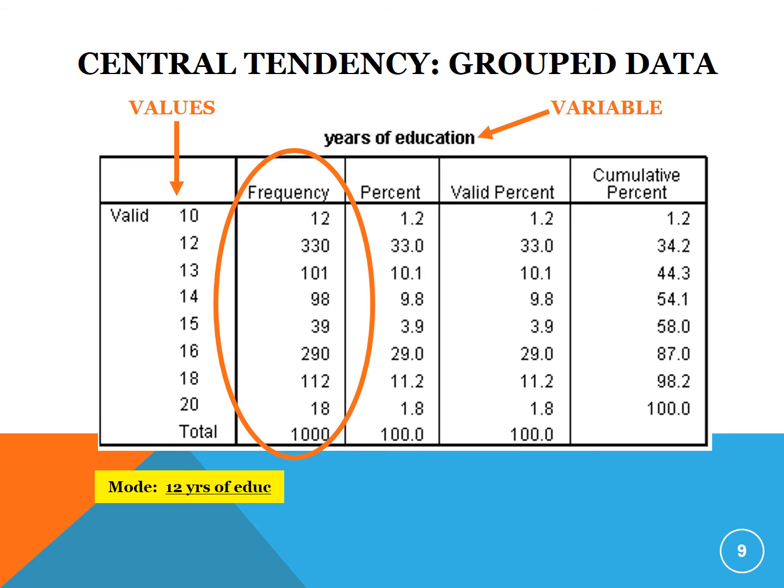So, how would we calculate our median? Remember the equation, n plus 1, and then you divide that by 2. So what is our total number of observations here? Our total number of observations should be 1,000. 1,000 people were surveyed and provided valid responses.